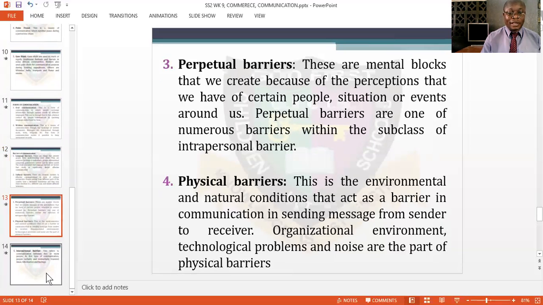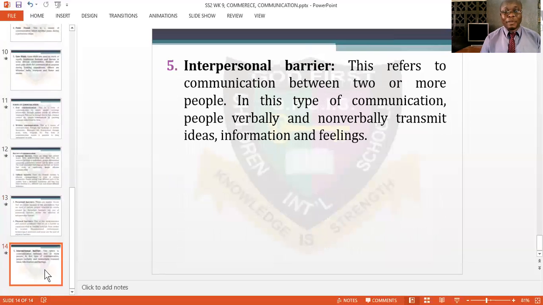Then we also have the interpersonal barriers. Interpersonal refers to communication between two or more people. In this type of communication, people verbally or non-verbally transmit ideas. They also pass information between different people, and they pass feelings or ideas to themselves through this barrier.